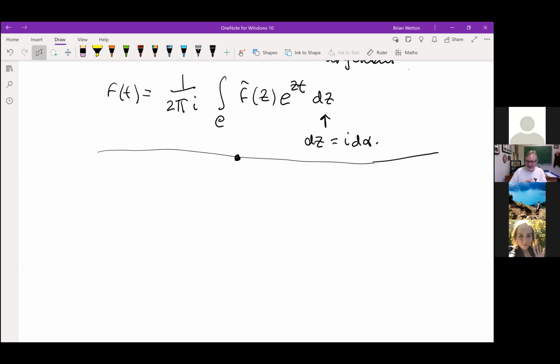Because I've noticed in assignment questions where I assumed some knowledge from students that it wasn't always there. Okay, so I'm going to talk about just time harmonic signals. What do I mean by a time harmonic signal?